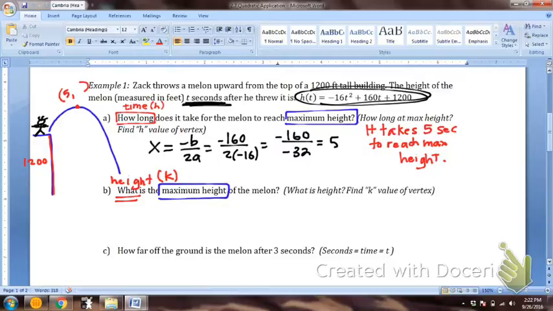Okay, so I'm going to take my equation, negative 16, but instead of a t, I'm going to put my 5 squared. I'm using the formula from the problem. Anybody have questions where this came from?